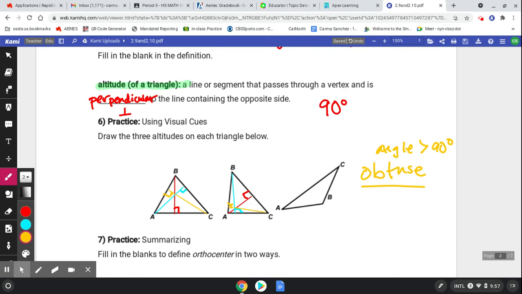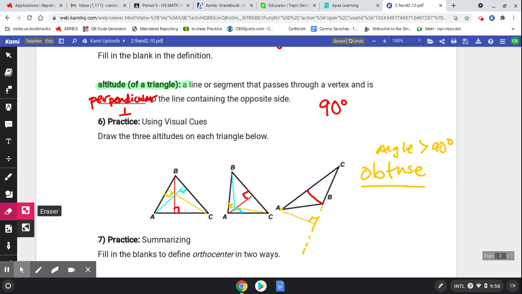When there is an obtuse triangle, one of your altitudes, like if I'm talking about point A right here, and I'm trying to draw from the vertex to a 90, you've got to give yourself some kind of an extension line here, because this line from A straight down is actually going to land outside of the triangle. And then if I go draw B straight down, that one is going to be inside.